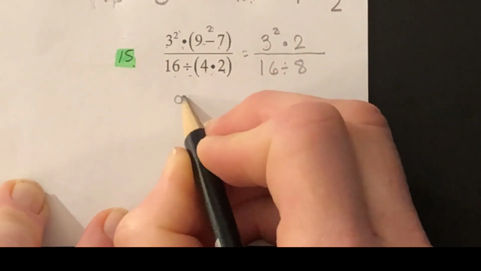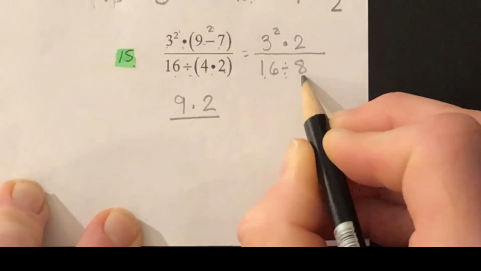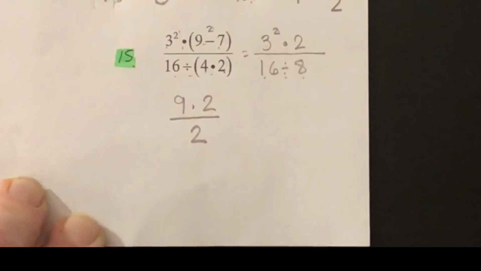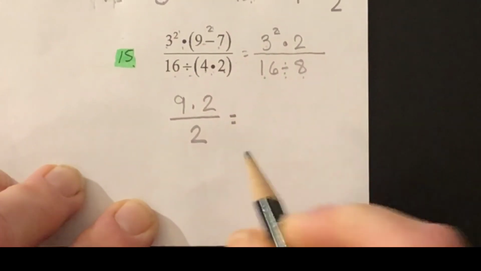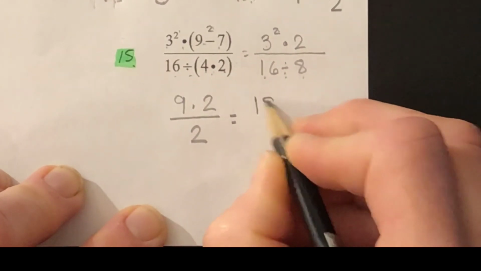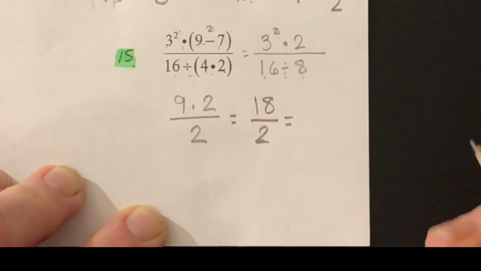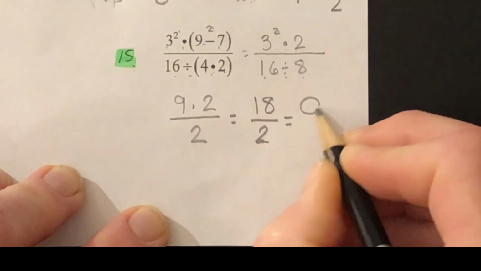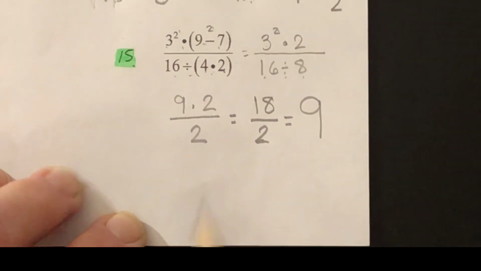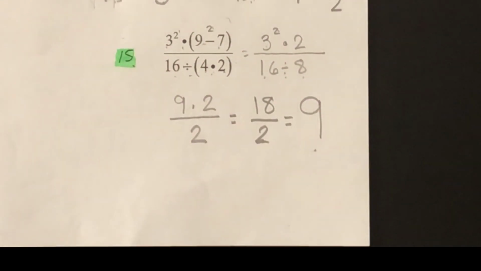So now I have 9 times 2 over 16 divided by 8 is 2. When I multiply those out, I get 18 halves, which converts to 9 wholes. So the value of all of that is 9.